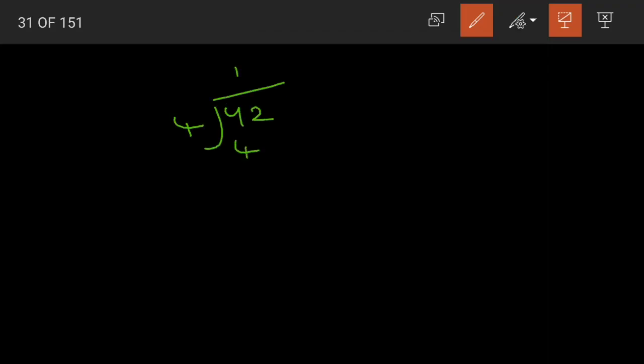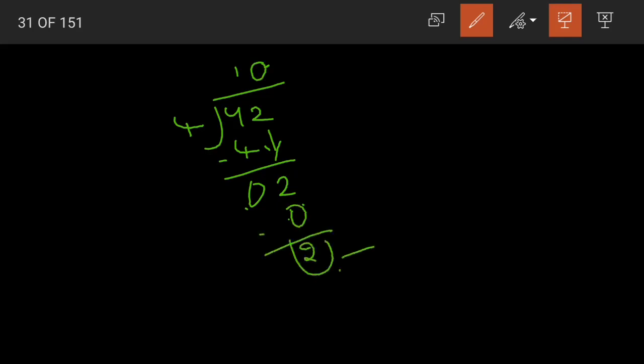Yes, we have 4 ones are 4. When we subtract, 0 is remaining, 2 brought down. We have 4 zeros are 0 and then when we subtract, 2 is remaining. So here 2 is our remainder.